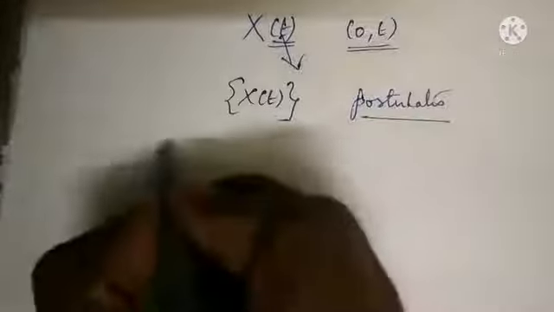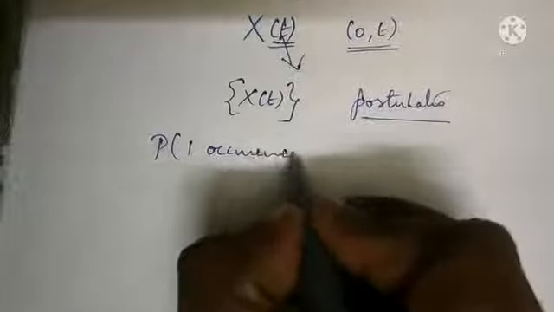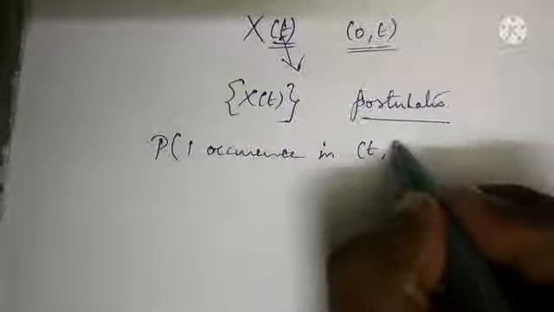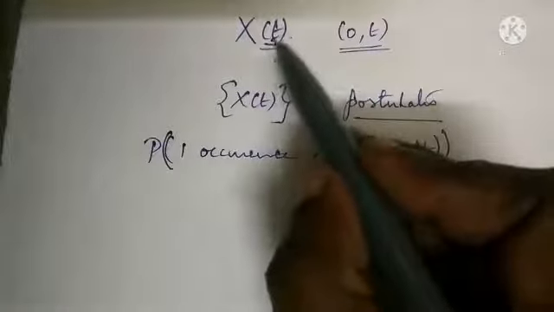The first postulate: probability of one occurrence in the interval t, t plus delta t. Listen here. You know what X of t is, right? X of t denotes the number of occurrences in the interval 0, t.